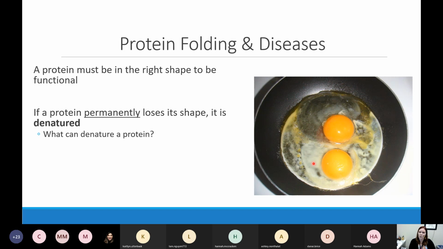Like we mentioned, heat or even extreme cold can mess with proteins. So the big idea is we want to make sure our proteins don't permanently lose their shape. If they do, we can't fix them. They're stuck. But here's what's scary about denatured proteins in the body. Sometimes one protein that's denatured has the ability to go and denature other proteins in your body.